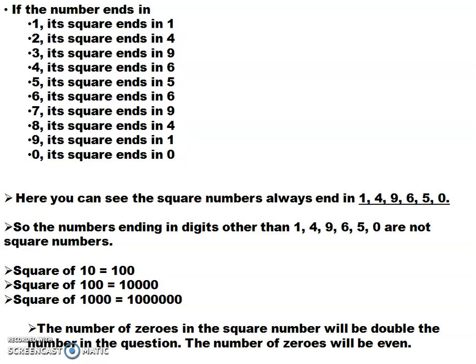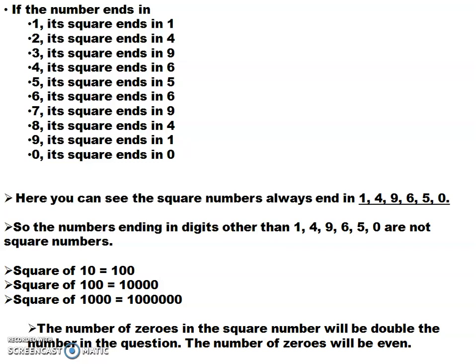If the given number ends in digits other than 1, 4, 9, 6, 5, 0, you can say that they are not perfect square numbers.